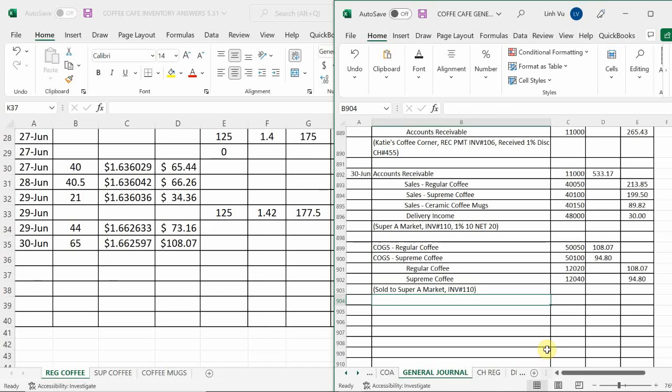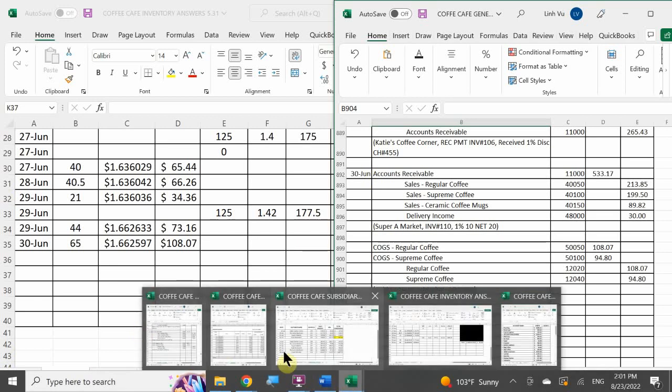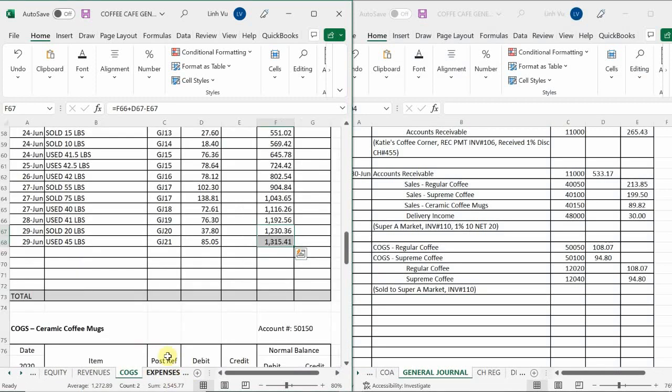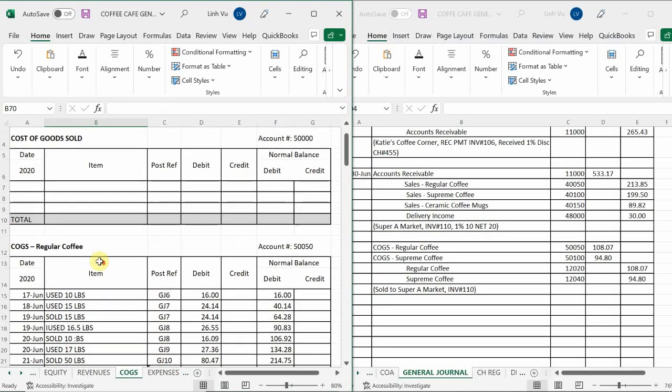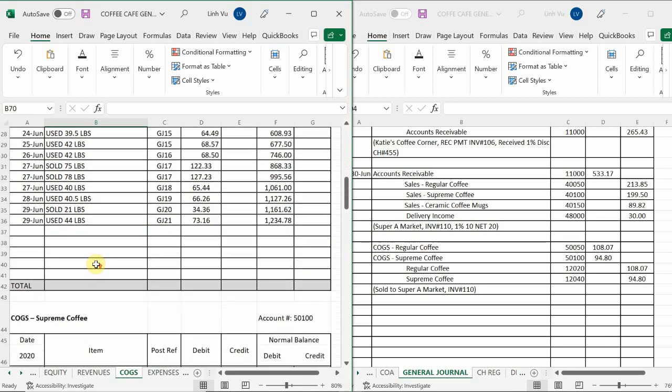So let's plug in my numbers, starting with the cost of goods sold. Cost of goods sold for regular coffee.